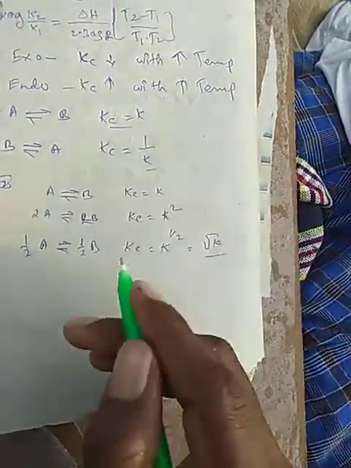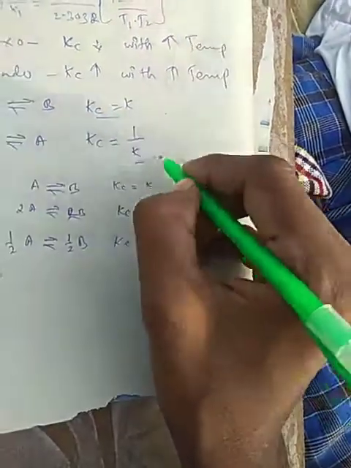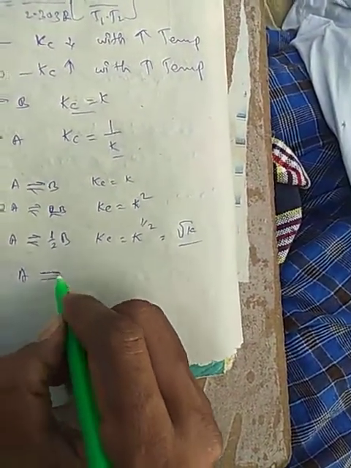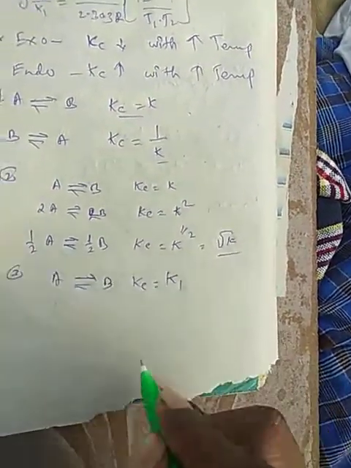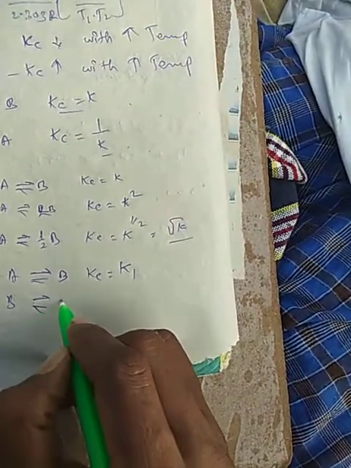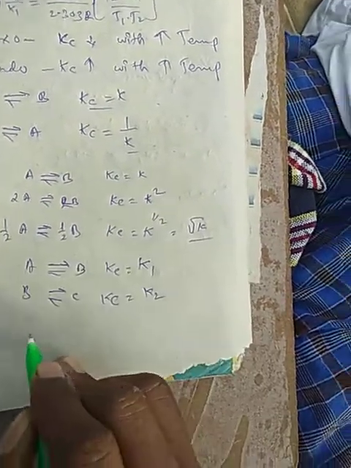Now one more, the third example type, which is different from the first type and second type. Now A at equilibrium with B, then Kc is equal to K1. B at equilibrium with C, then Kc is equal to K2.